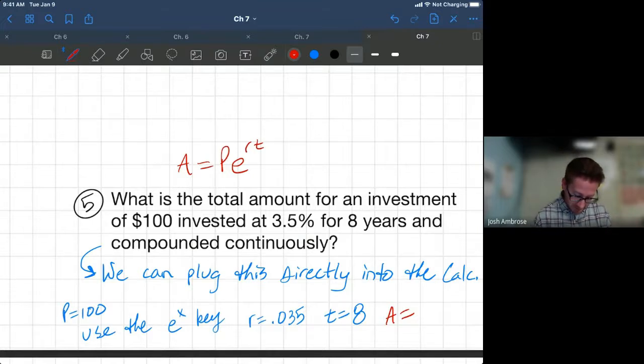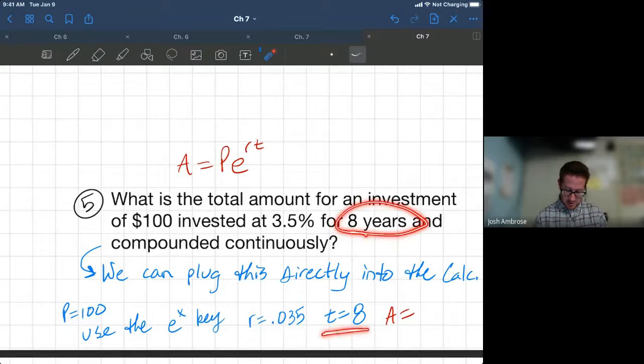So what I've laid out for you is we have $100 invested. That's your principal. That's what you start with. 3.5%, that's your r. Convert it to a decimal. 8 years, that is your t right there.